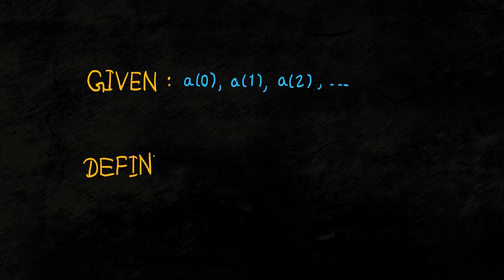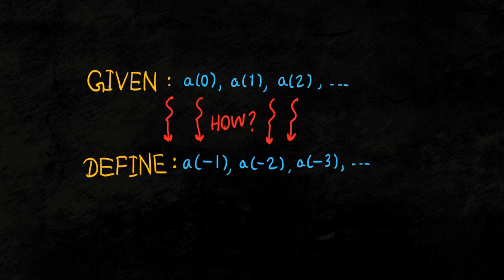So then, given a sequence A0, A1, A2, and so on, how do we define A-1, A-2, and so on? To motivate this, let's go back to how we define negative exponents back in the middle school or high school, depending on where you live. For a positive integer n, we all know what 2 to the power of n means.